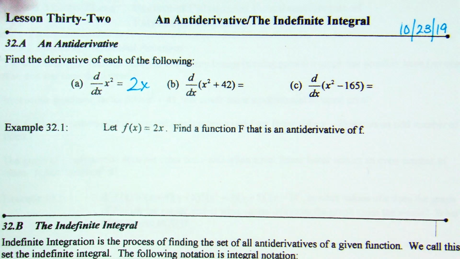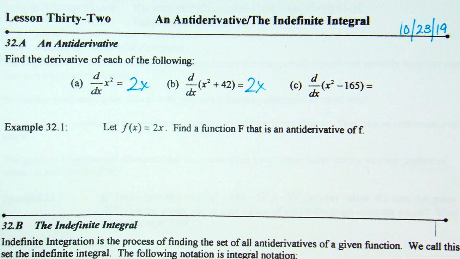So just 2x. What is the derivative of x squared minus 165? 2x, officially we could say minus 0, but it's still 2x, yes? Okay, so those are all derivatives.